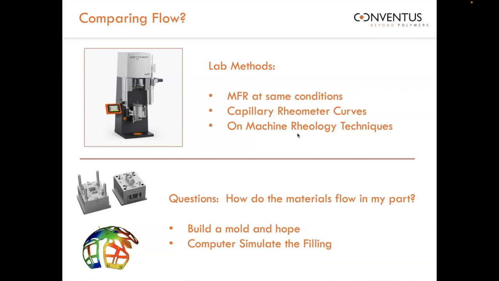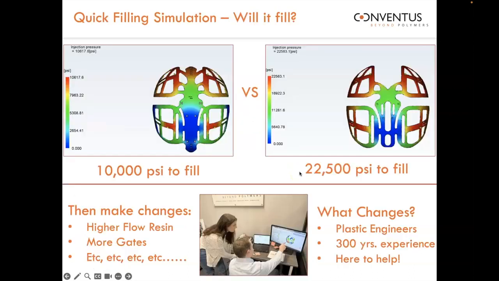Rarely they get much about the flow, but they will get back, hey, it worked, and you have a part. There's a lot of positives and negatives to that. But another way that we like to use is a simple computer simulation of how the material is going to fill your actual part, like shown here on the mold flow analysis on the bottom left.